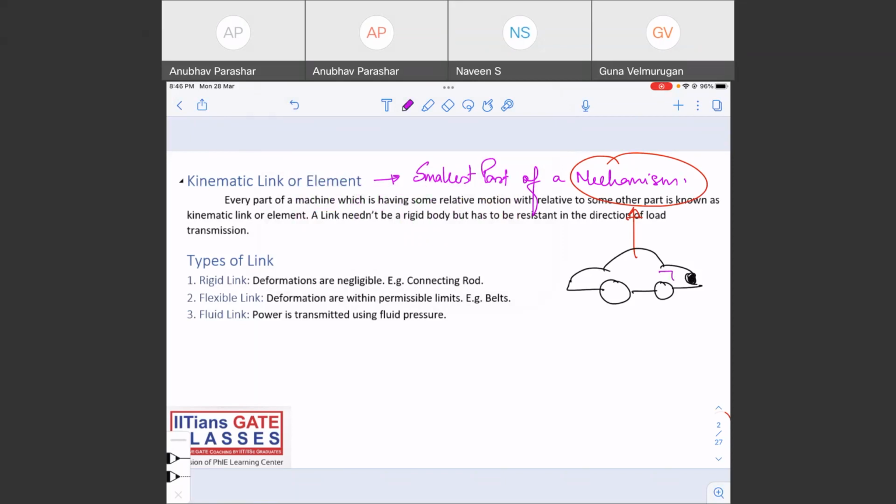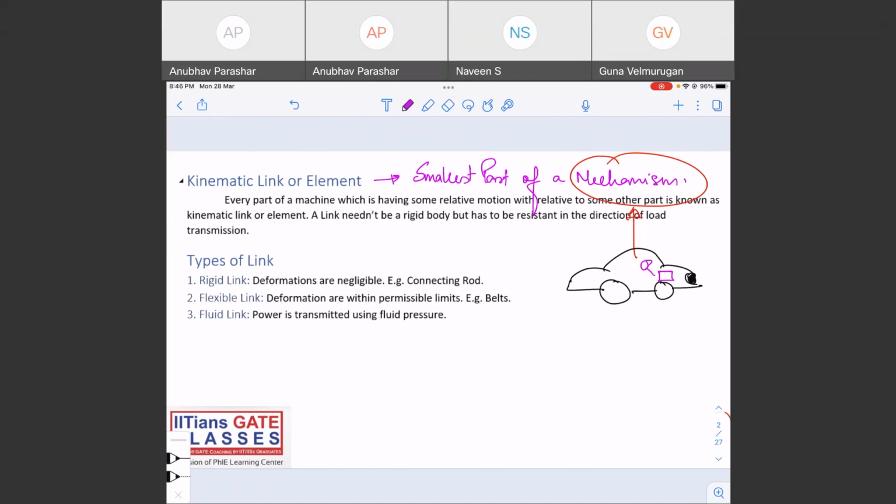You have the IC engine, that is a machine, but the machine runs on a mechanism. That is what we are going to see in this chapter. You have the steering mechanism, the braking mechanism, the transmission mechanism. All the different parts inside the vehicle are different mechanisms.